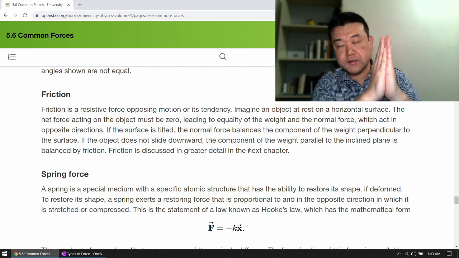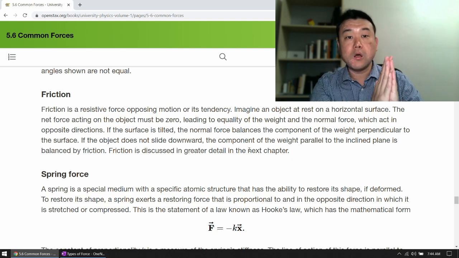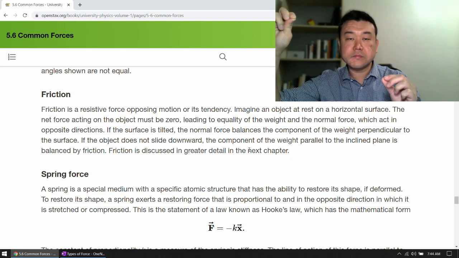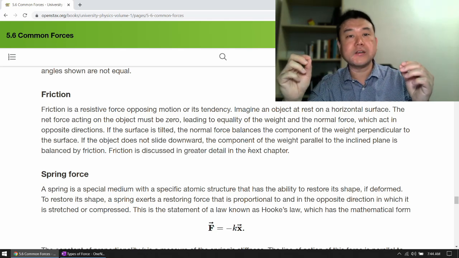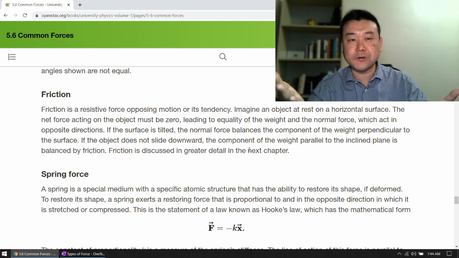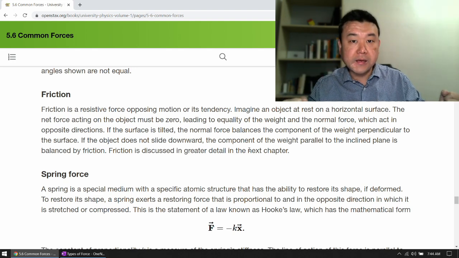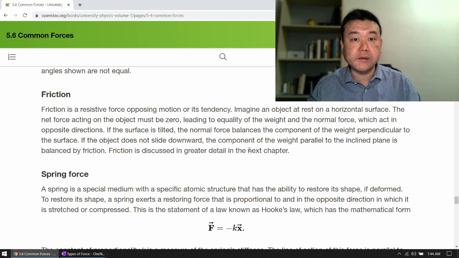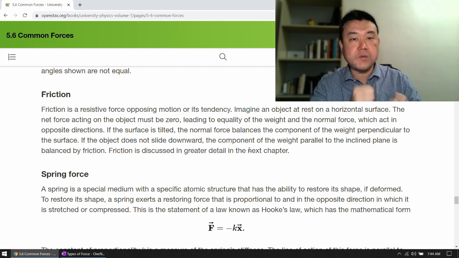Either two surfaces are touching, so there's a normal force and/or friction force between these two surfaces, or there's a string attached and the string is taut, so there's a tension force, or there's a spring attached, and there will be a spring force. You can't have any of these four forces acting without there being some kind of contact. So it limits what kind of things you look out for.